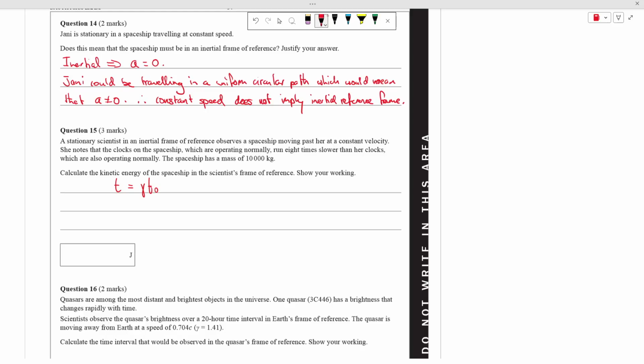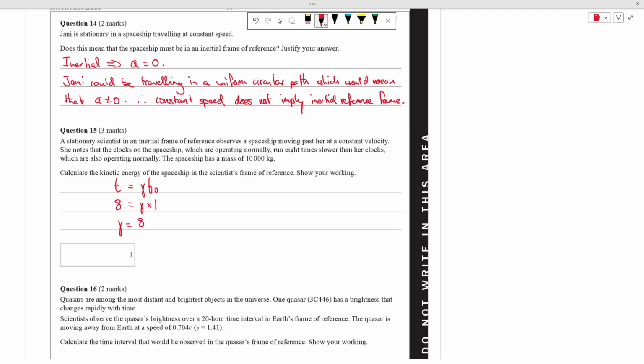So I'm always thinking about how much time passes for each clock when you're talking about just being one of the observers. In this case, we're the scientist. So let's compare how much time passes on each clock for whatever period of time you would like to talk about. So 1 second on the spaceship's clock takes 8 seconds of our own time to pass. So this is an 8, and you've got gamma times 1, which implies that gamma equals 8.